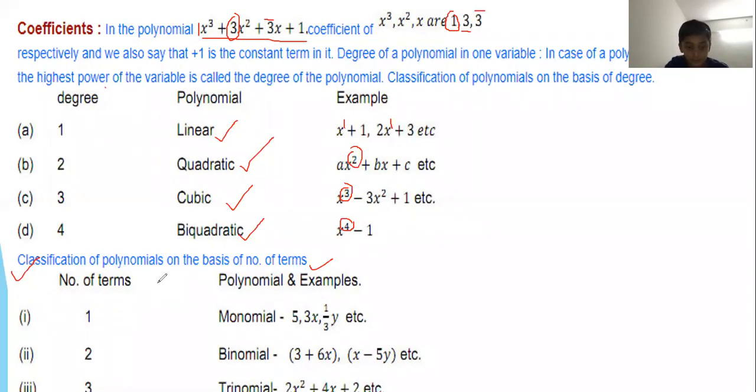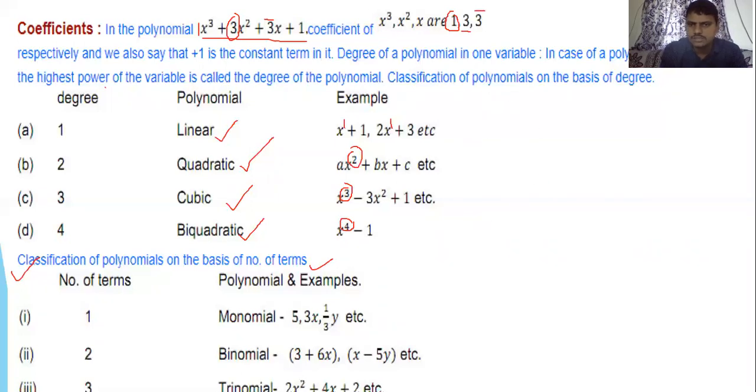Example: 5, 3x, 1 by 3y, etc. If there are 2 terms, then it is known as a binomial. Example: 3 plus 6x, x minus 5y, etc. Very good. Okay. So 3 terms, trinomial: 2x square plus 4x plus 2.